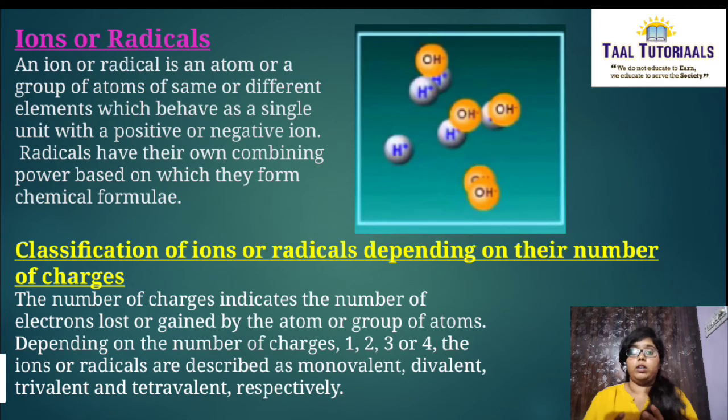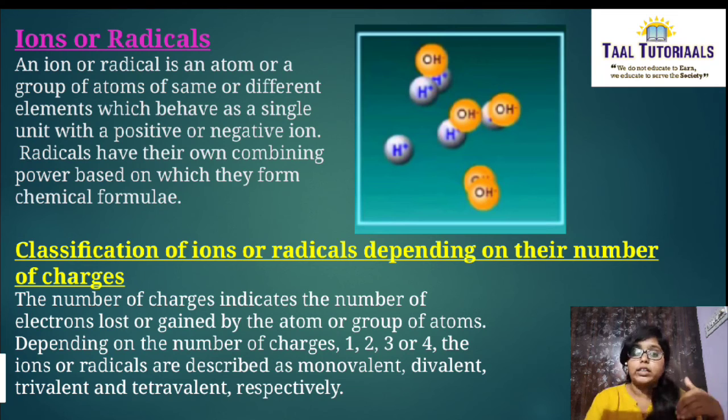They behave as a single unit. Radicals have their own combining power based on which they form a chemical formula. This is about ions or radicals.